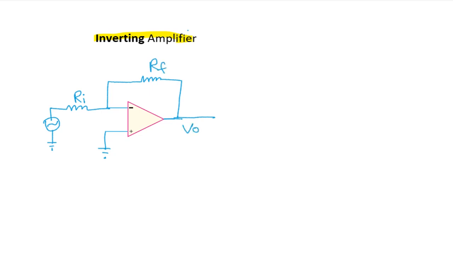Now let us analyze the situation. We know that an operational amplifier has infinite input impedance. So the input impedance of an operational amplifier is infinite. Now since input impedance is infinite, there is zero current through the input impedance.